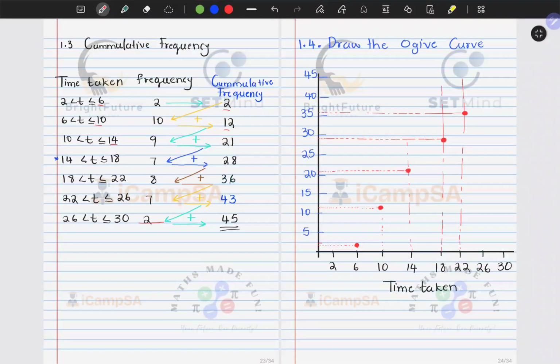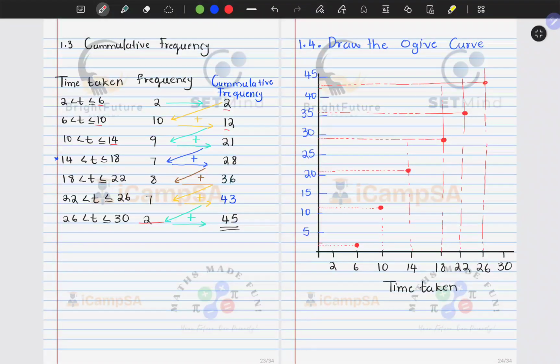And then we can now go to 26. So if you look at 26, you will see that it's at 33, and 33, if you think carefully, it's 2.5 here. So 33 is just right about there.